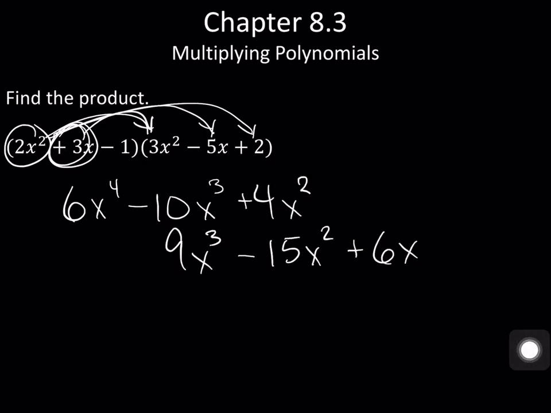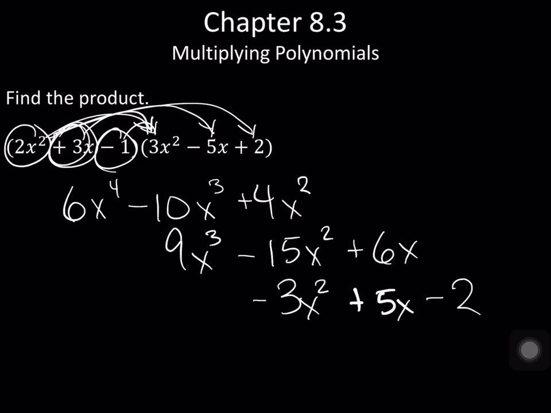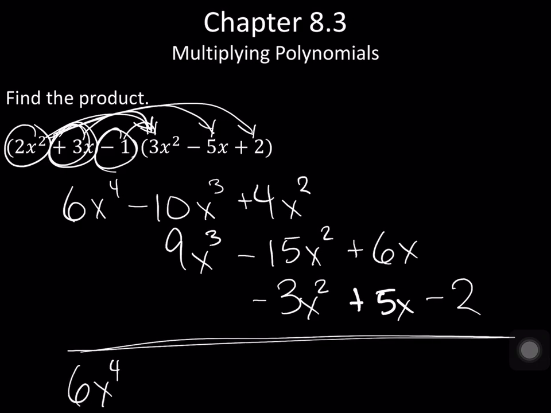And notice how our terms are stacking up. The like terms are stacking up. Now, negative 1 has got to be distributed. So that's going to be a negative 3x squared. And again, I'm stacking like terms, plus 5x, and then minus 2, and there's a little double line there, so we can combine all the things that are combinable. 6x to the 4th is just all by itself, minus x cubed.